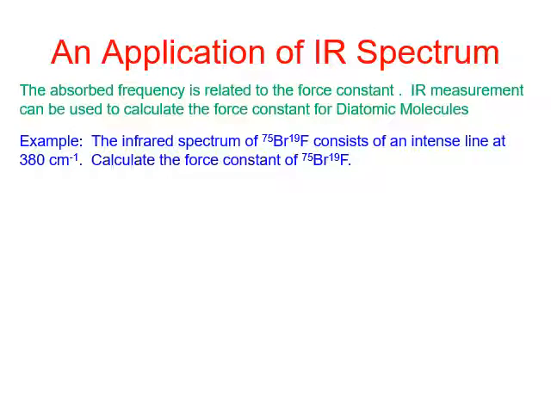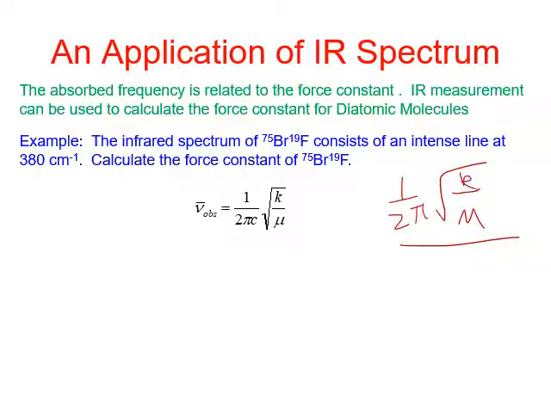Under the harmonic oscillator model, the energy is quantized, and the allowed frequency should equal 1/2 pi square root k over mu. So this is hertz, and this is inverse centimeter. So we should use this equation.